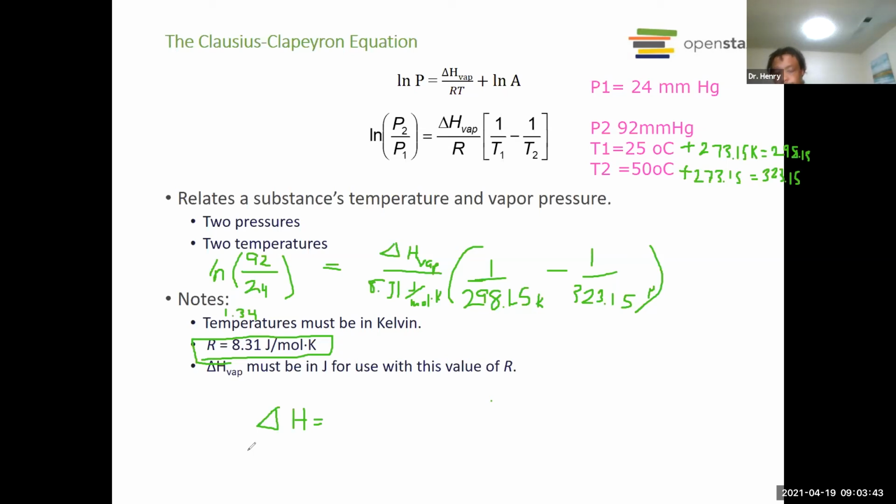And then we inverse times 1.34. Okay, so it's going to equal 42.9 kilojoules per mole for your heat of vaporization based upon the data that you collected.